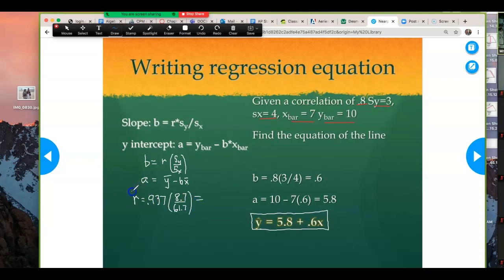So I plug that in. Oops, I gave you the wrong thing. This is B. B equals, okay, R is 0.937, and I'm going to do that calculation now. 0.937 times 8.7 divided by 61.7 is 0.132.